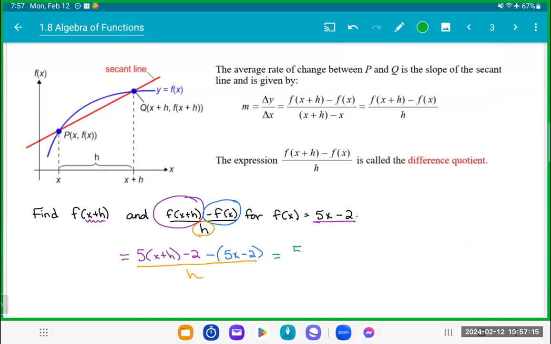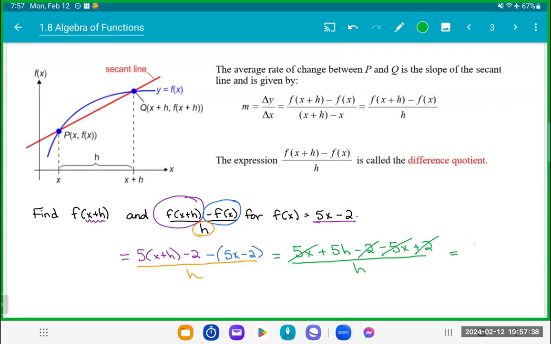This gives me 5x plus 5h minus 2 minus 5x plus 2, divided by h. I have a positive 5x and a minus 5x. Those cancel. I have a negative 2 and a positive 2. Those cancel.